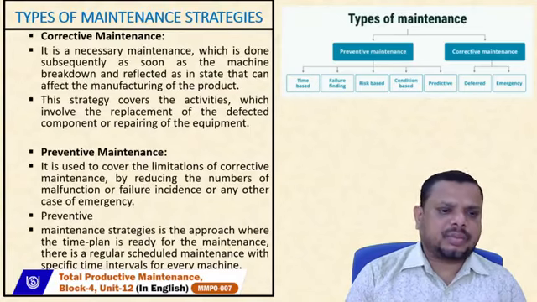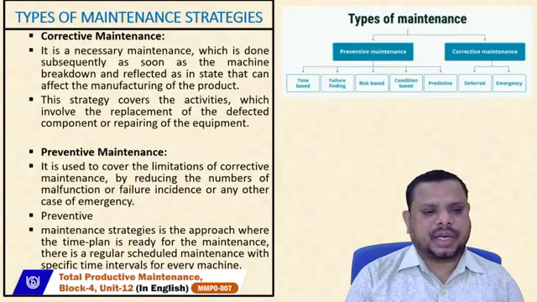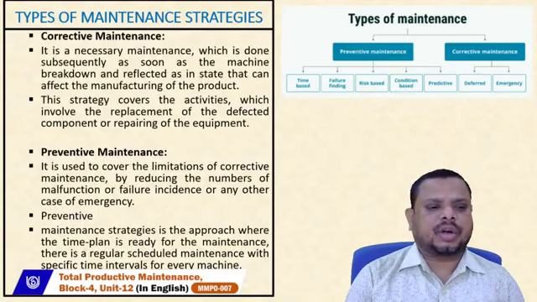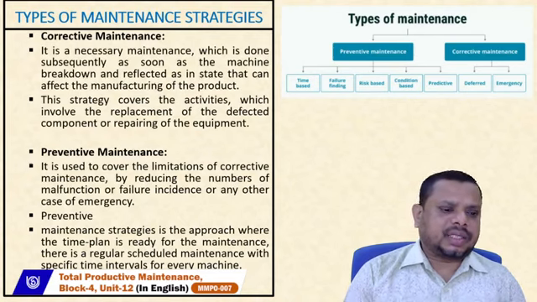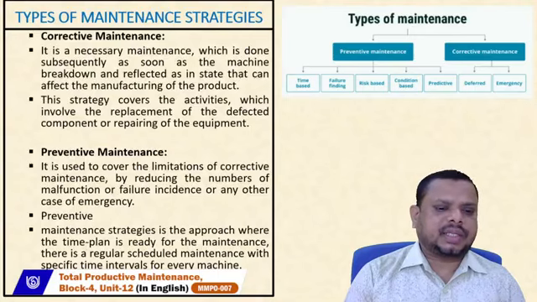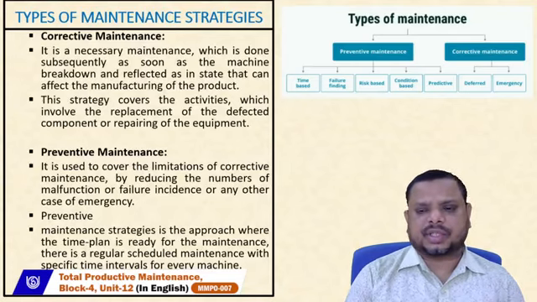The second one is preventive maintenance. It is used to cover the limitation of corrective maintenance by reducing the number of malfunctions, failure incidents or other emergencies. Preventive maintenance is an approach where a time plan is ready for regular scheduled maintenance with a specific time interval for every machine.